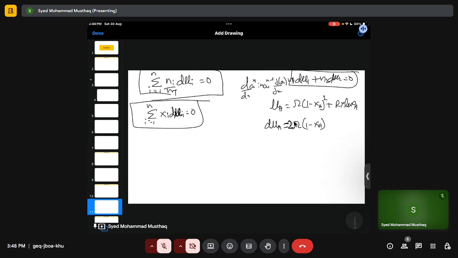So n into x power n minus 1. Then I again have to differentiate a, so it will be minus 1, plus RT by XA dXA. So I have RT by XA minus 2 omega times 1 minus XA.